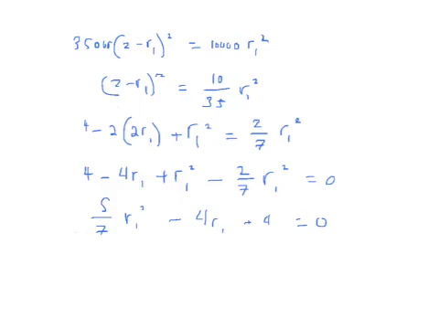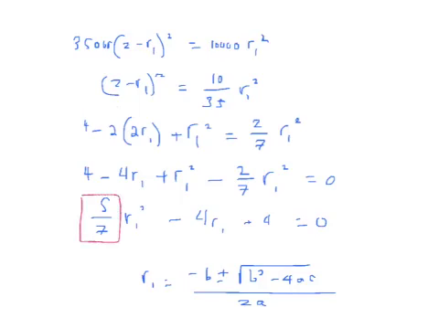And the quadratic equation says the unknown, which is r1 in this case, is equal to, and let me write this a little bit lower, the opposite of b plus or minus the square root of b squared minus 4ac, and then we divide all of this by 2a.